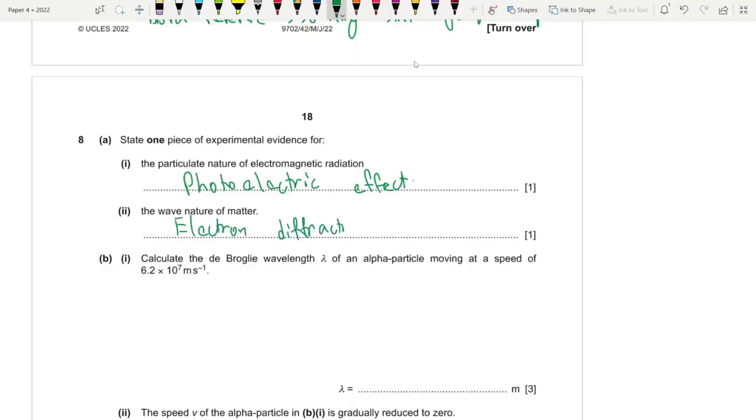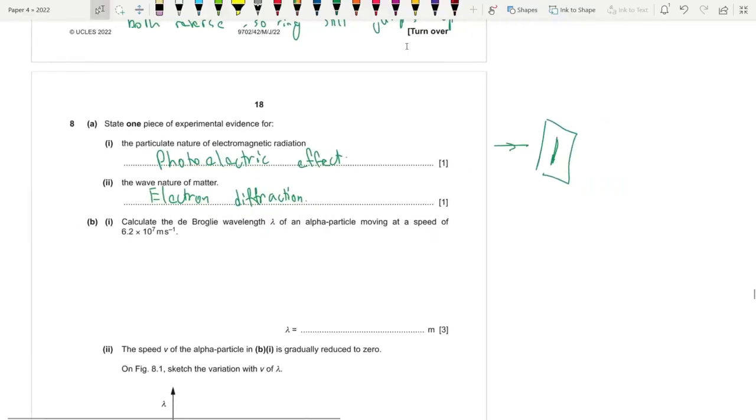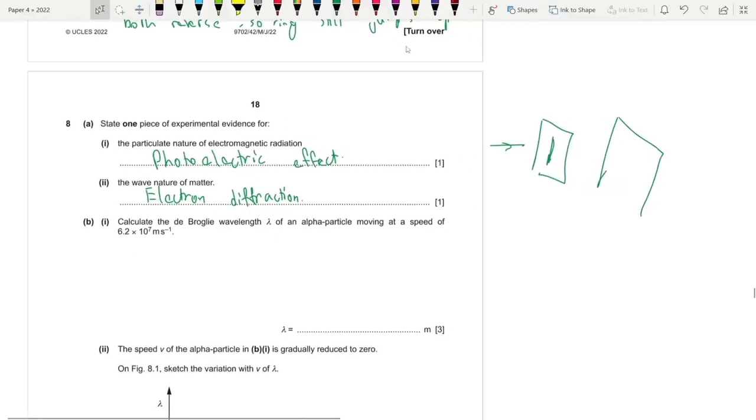We can see that in electron diffraction, when we pass a beam of electrons through a specific slit, we know that it's particle in nature, so we were supposed to see dotted particles, right? But after you pass it through a specific slit, do you know what we're gonna see?